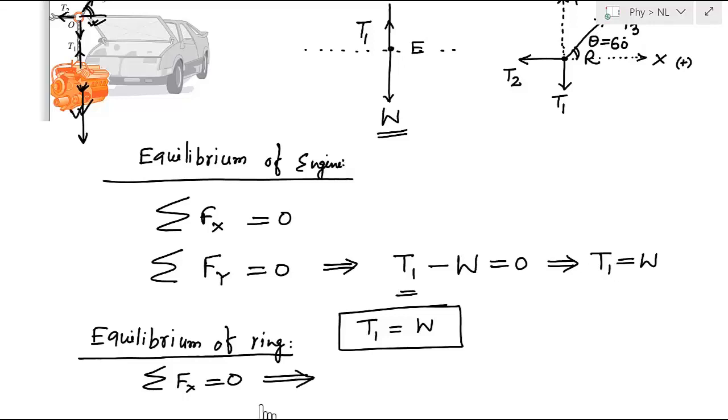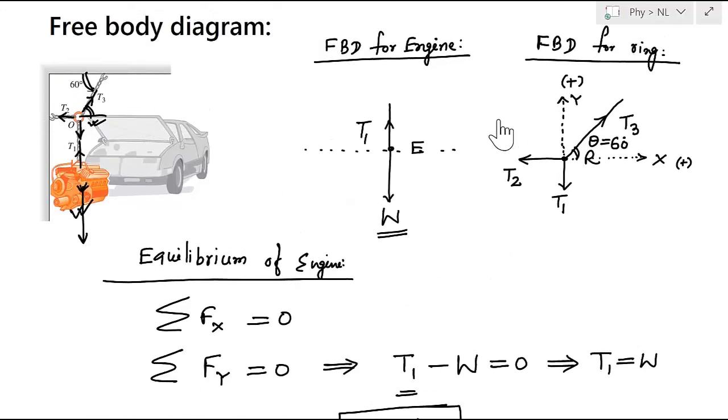This force, that is T3, has two components, one component along this axis and other component along this axis. So in this direction you will have T3 cos theta, and along this axis, that is y-axis, you will have T3 sin theta, where theta is equal to 60 degree.